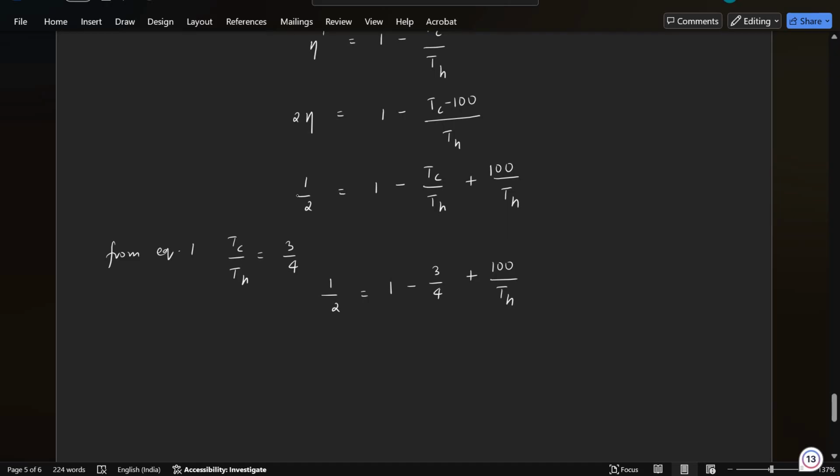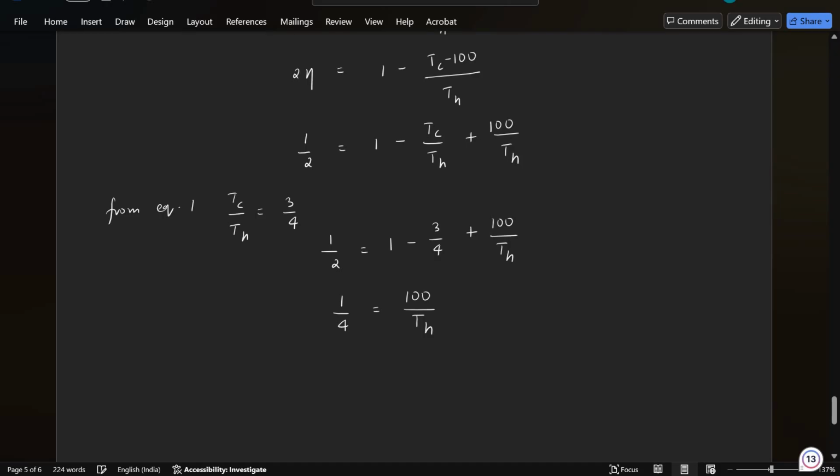Now let's simplify this. It's going to be 1 by 4 plus 100 by Th, which implies Th is going to be equal to 400 Kelvin.